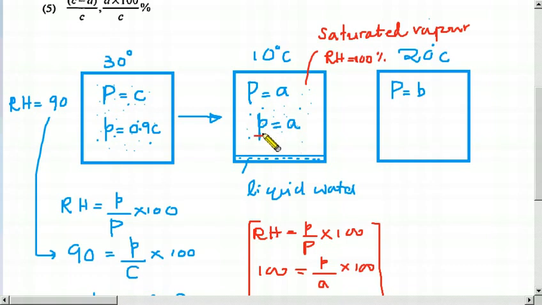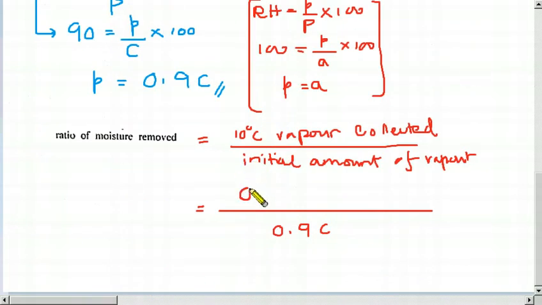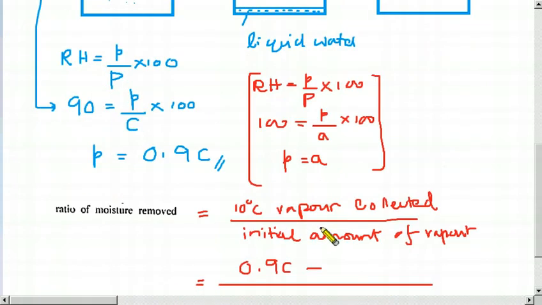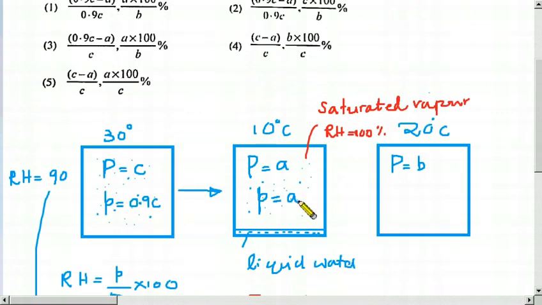So now in this room, after condensing, the pressure given by the vapor in this room is simple P. At the beginning it was 0.9 times C. So the difference is this one. So we can find out the difference: 0.9 C minus simple A. Simple A is the amount of vapor pressure given by the vapor actually now in the room.